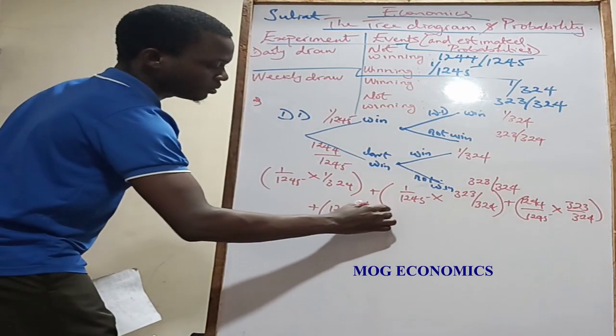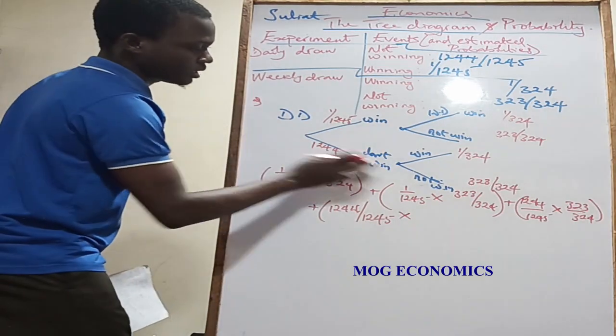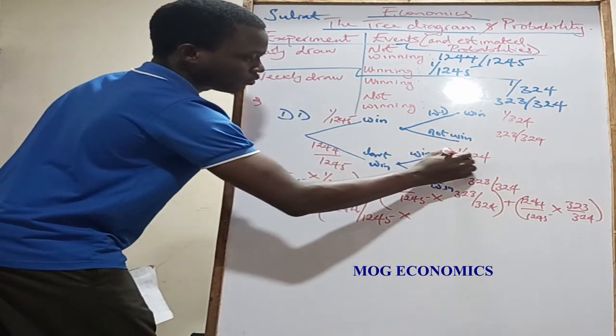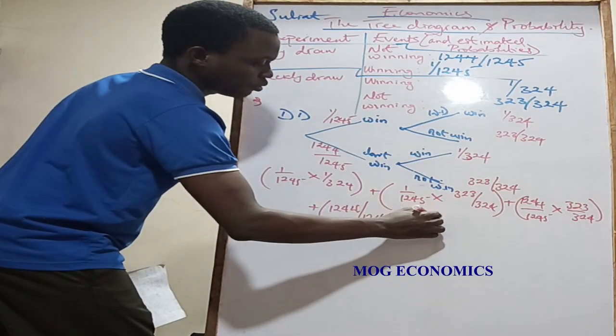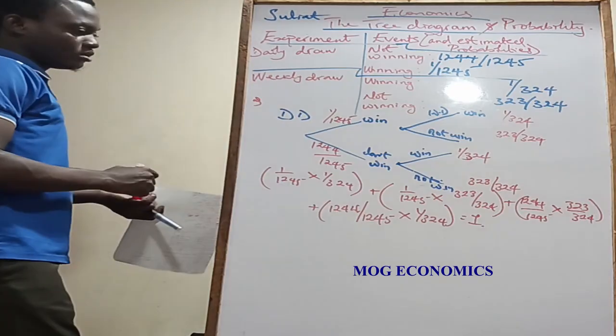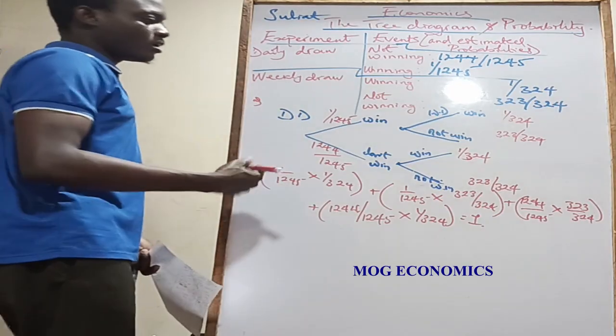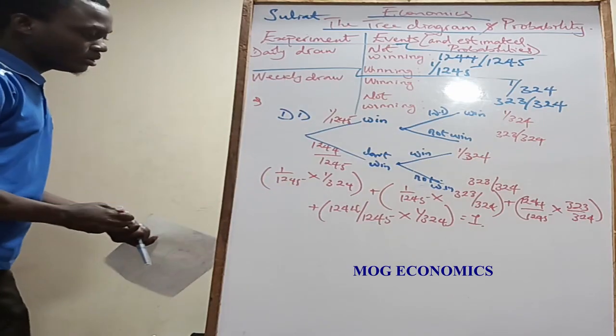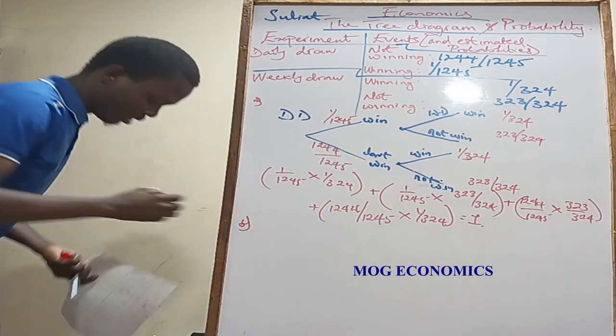This is not part of the solution. I'm just proving something to you. So you've done this times this, so this times this now, 1244 times this. When you do all of this, your answer is still going to equal 1. That lets you know that what you're doing is correct. It's just a test of whether your tree is right or not. I said we don't need that, but I've done it anyway.